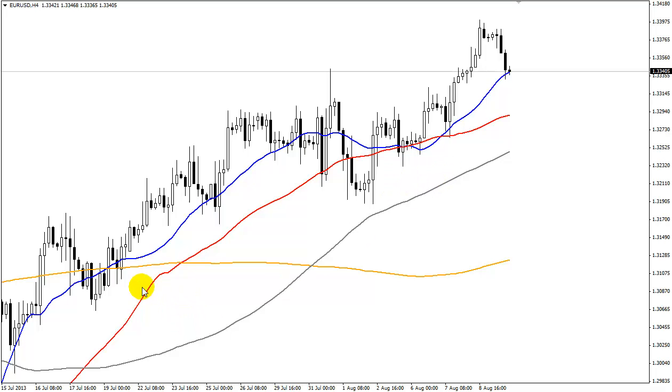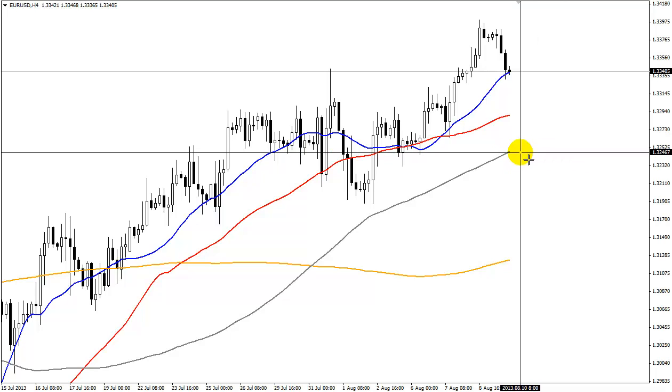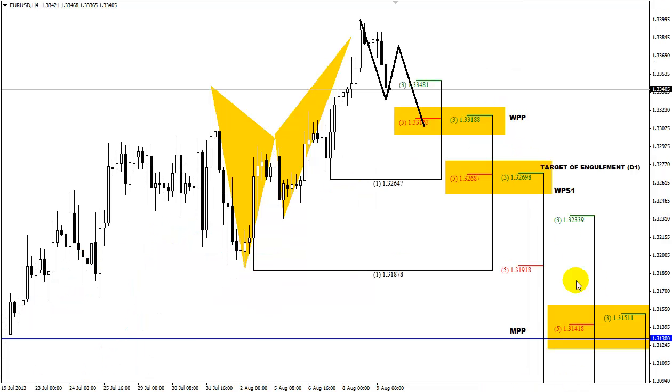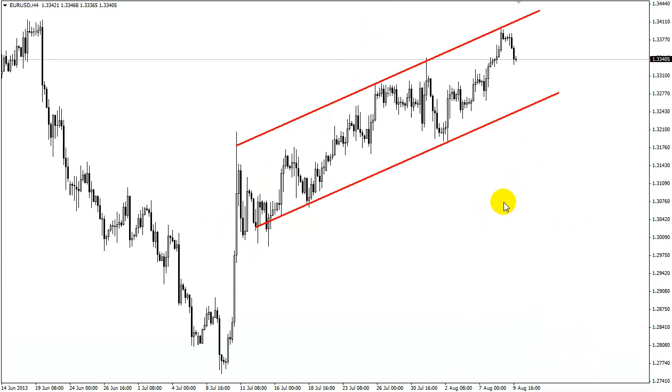In most cases the market is held by the 50, but we can accept the 100 period as a holding point, and it's also on the same zone, on the 132.50. Right, 132.50. And also this would be the lower border of this channel.